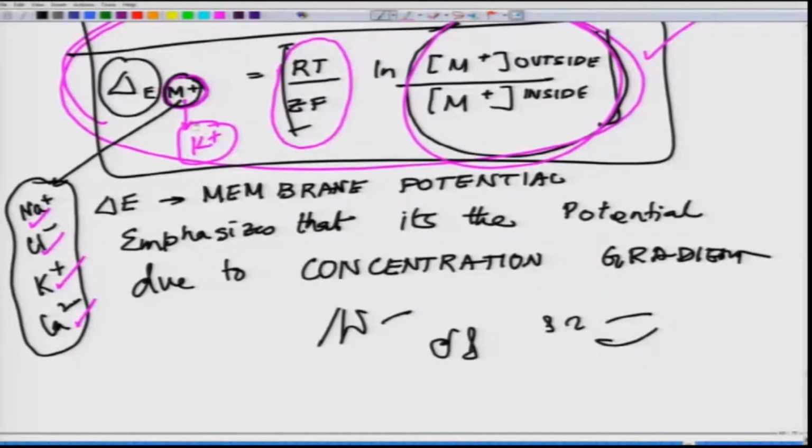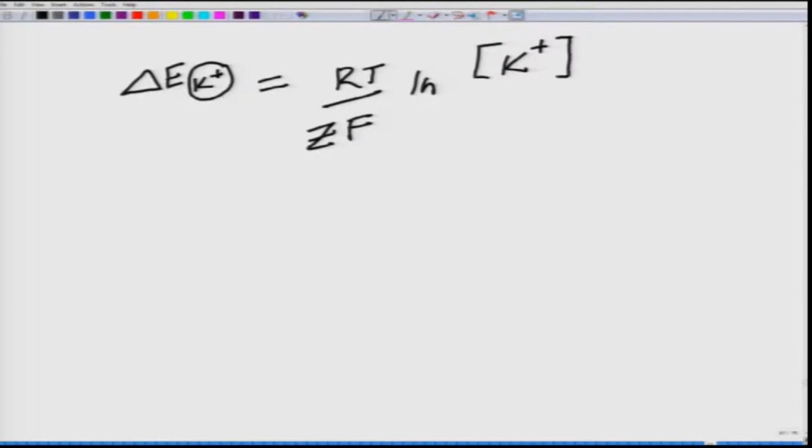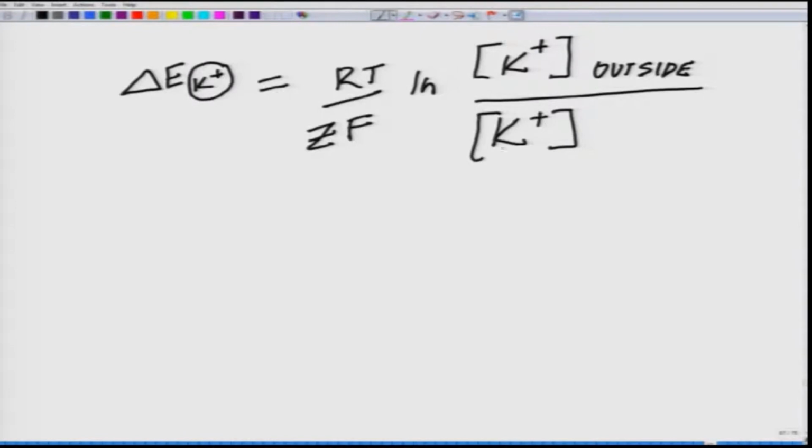So, M plus becomes K plus, equals RT upon ZF natural log K plus outside over K plus inside.